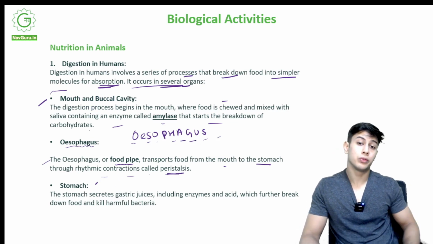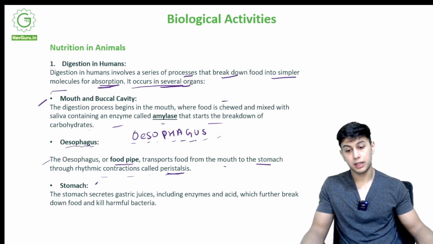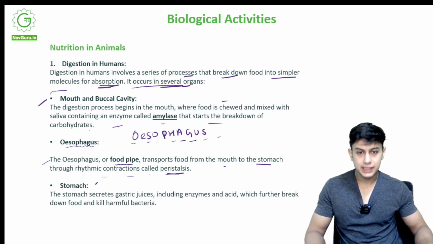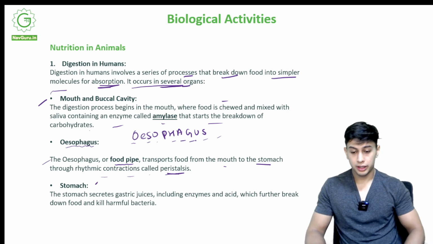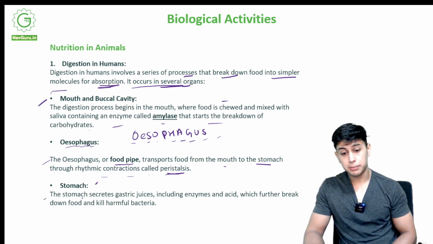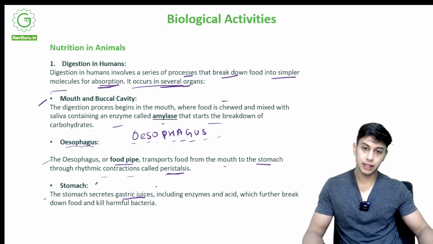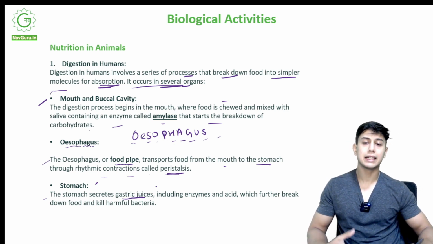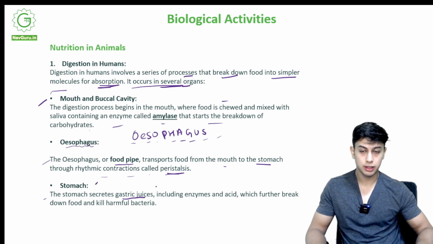Stomach. Now we all know this is an important part. We need the stomach so that digestion occurs. Now what happens is the stomach secretes gastric juices. All the enzymes that are released by the stomach are called gastric. Anything related to digestion is gastric.